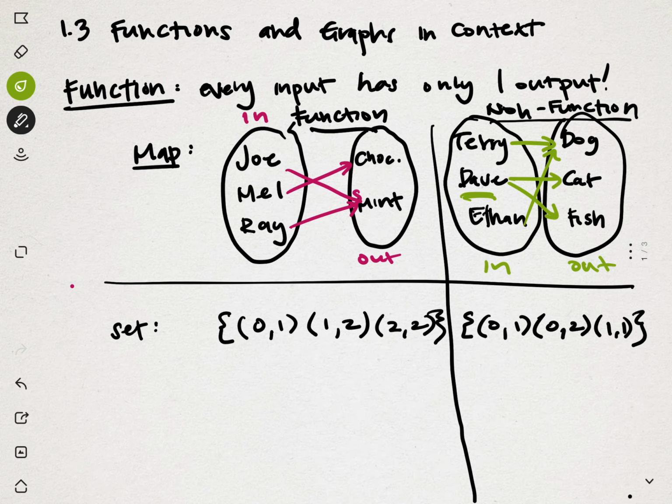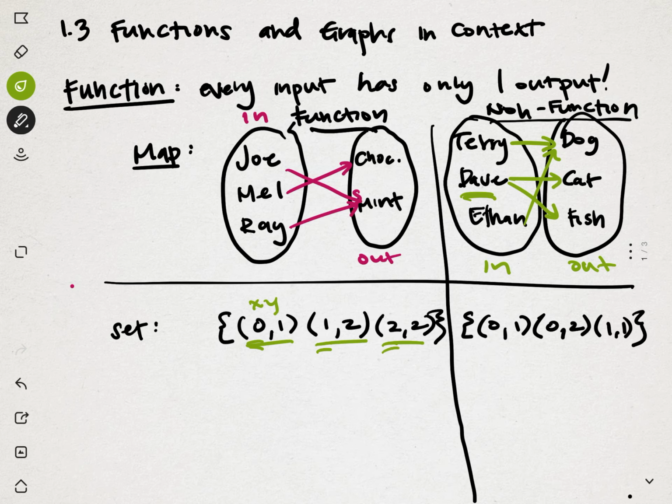All right, so in set notation, what we're being given are points. Each of these points has an x and a y. Notice that 0 is an input, x is the input, and the output is 1. In the second one, the input is 1, the output is 2. And then the third one, the input is 2, and the output is 2.